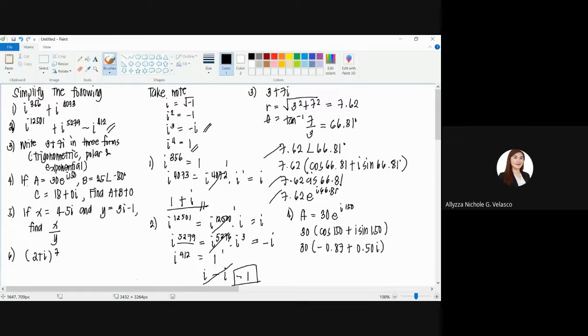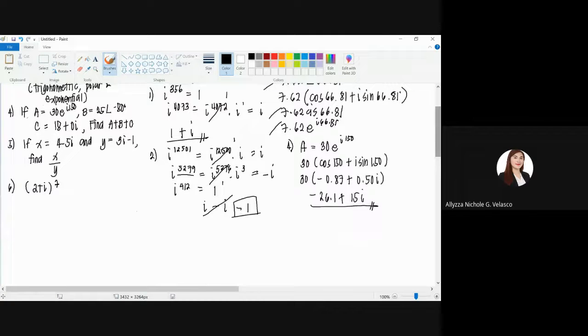So, multiply lang dun sa 30, 30 multiplied by negative 0.87, that is equal to negative 26.1, plus yung ating 30 multiplied by 0.5 is 15i. So, therefore, ito yung rectangular form nung ating 30 e raised to i 150. Okay, so ito na yung ating A.